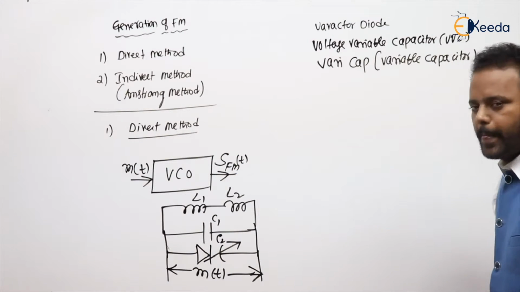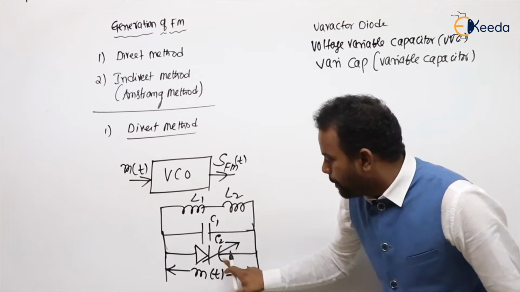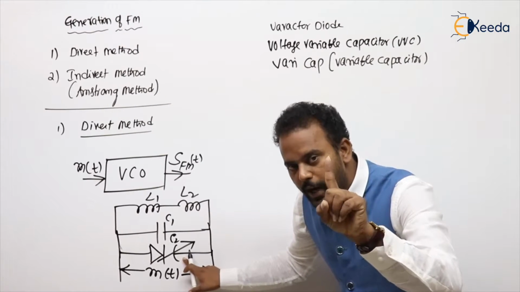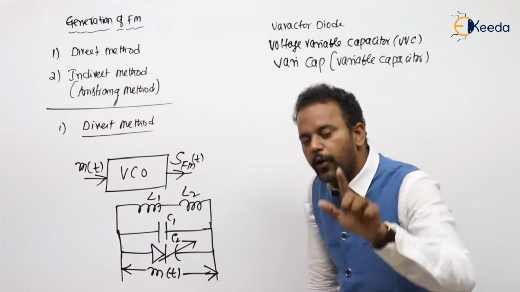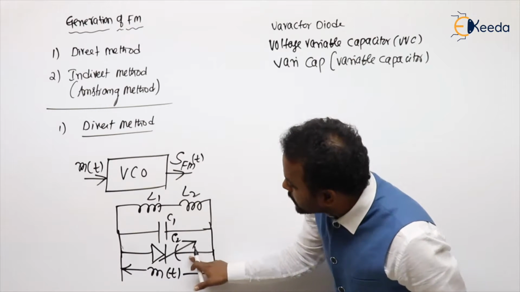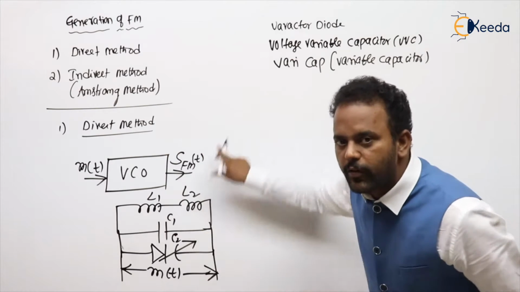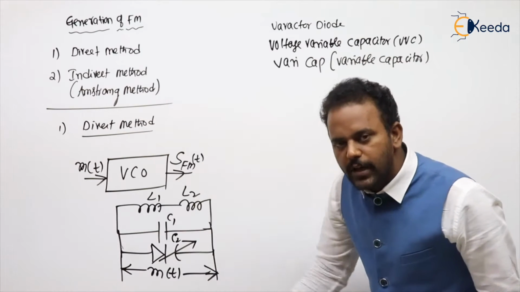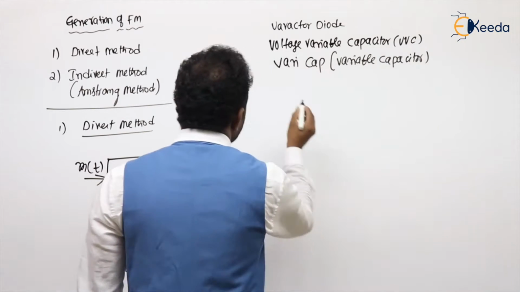Now let's see. Depending upon the message voltage, the biasing across the varactor diode varies. If the biasing varies, the capacitance offered by the diode varies. If the capacitance varies, the overall tuned frequency, or resonant frequency, will vary. What is the resonant frequency formula for any tuned circuit?